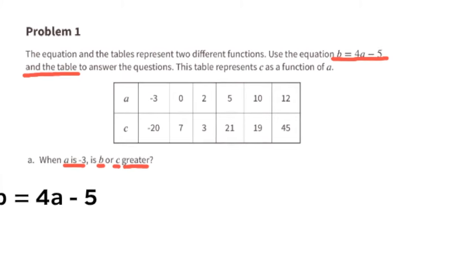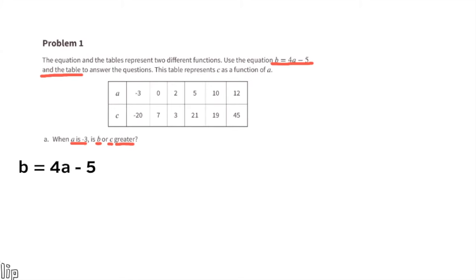Let's start with the equation b equals 4a minus 5 and substitute a with negative 3. Now the equation reads b equals 4 times negative 3 minus 5. Since 4 times negative 3 is negative 12, the equation reads b equals negative 12 minus 5.